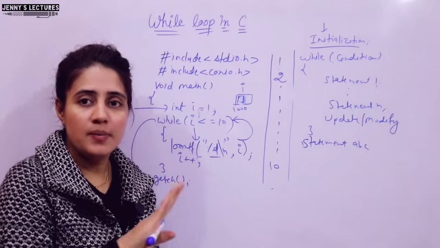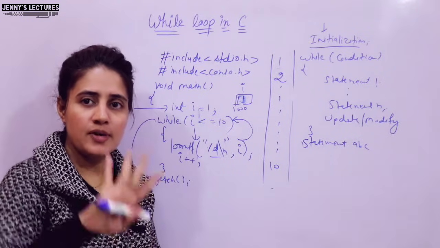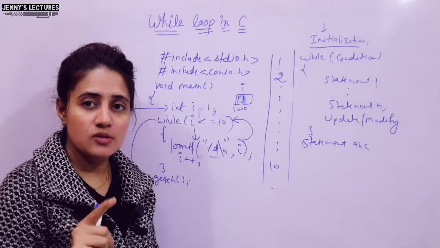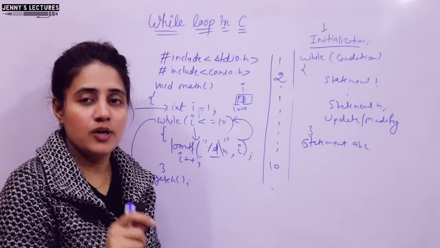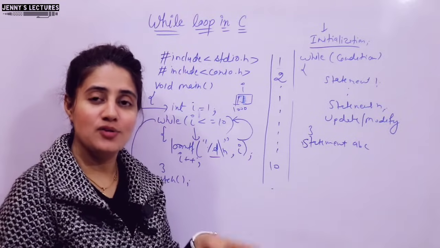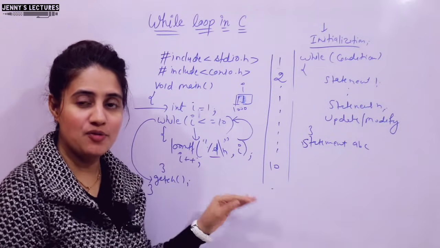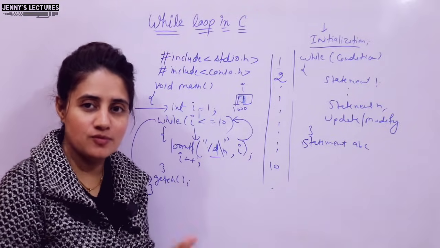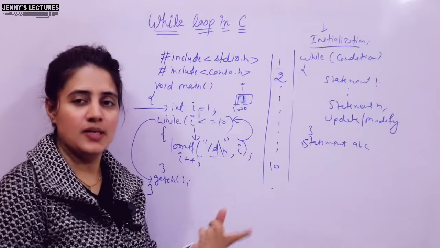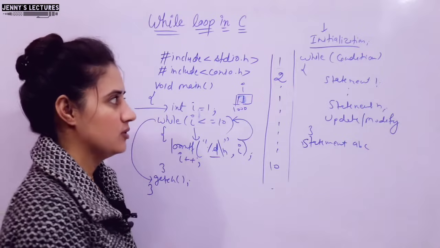Please do not make a habit of writing a program directly on your computer and running it there. This is very important at last when you sit for placements, because they'll ask you to write down the logic on paper with the help of a pen. So please make a habit from first year only to write down your program first with pen and paper, and then write it on your computer system, right?